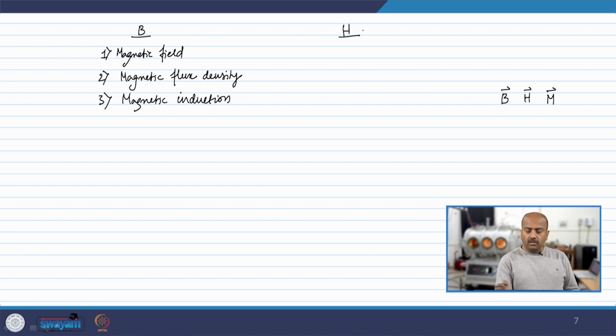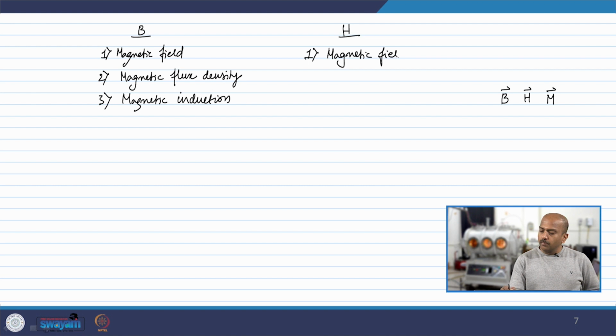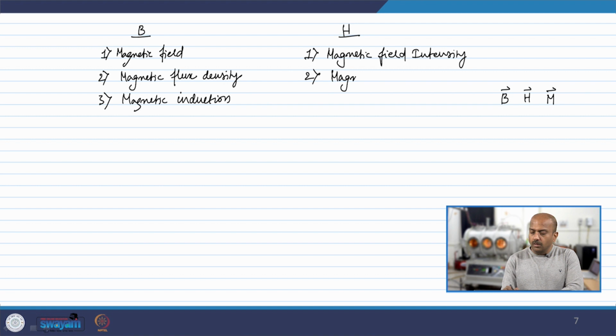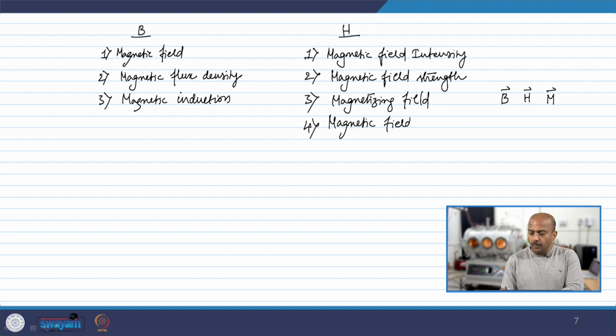And capital H, on the other hand, is referred to as magnetic field intensity, or magnetic field strength, or magnetizing field, or simply magnetic field, right?